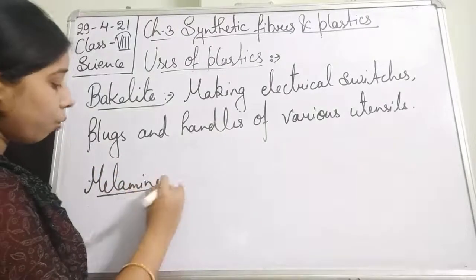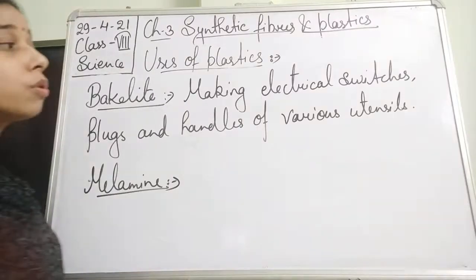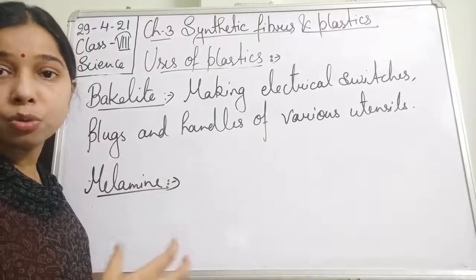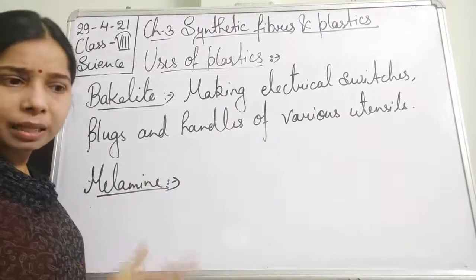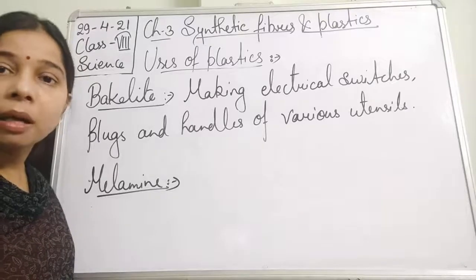What is the role of melamine here, students? So basically melamine is used in making the clothes firemen wear. That is made up of a plastic which helps in providing protection against burns to them.